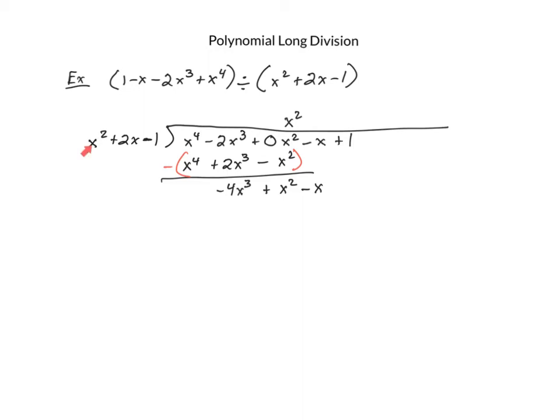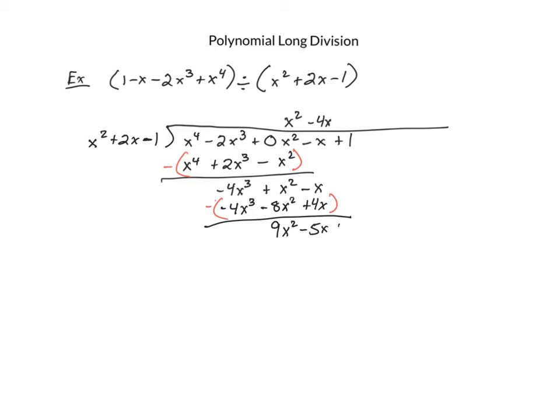What do we need to multiply by x squared to give us a negative 4x cubed? It's a negative 4x. Multiply, and we'll have negative 4x cubed minus 8x squared plus 4x. And subtract. So we have 9x squared minus 5x. You must take care with those signs.